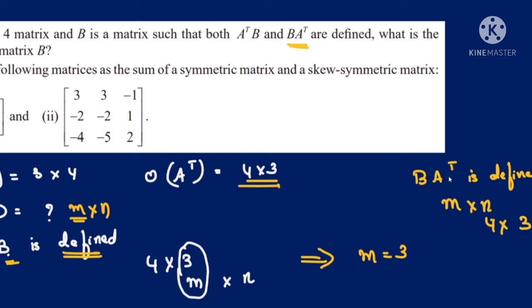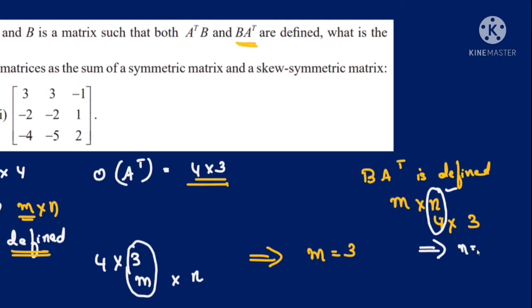So B A transpose is defined means the number of columns of the first matrix should be equal to the number of rows of the second matrix. Listen again, number of columns of the first matrix should be equal to the number of rows of the second matrix. This implies N is equal to 4.